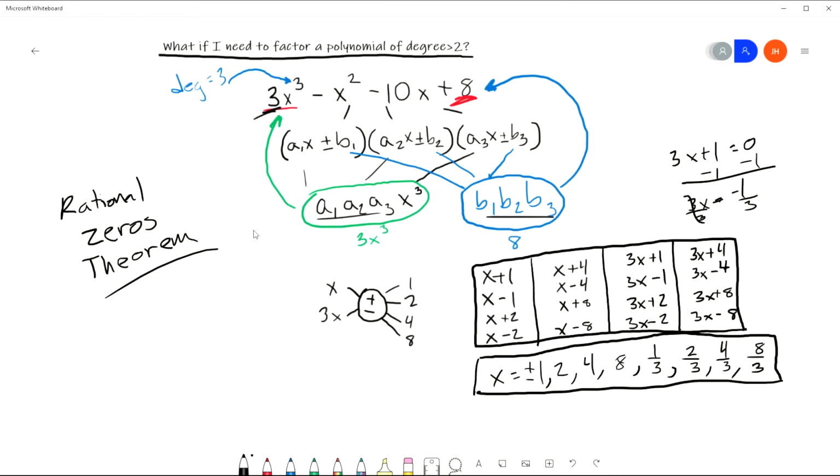What is the rational zeros theorem? The rational zeros theorem says if you have any function f of x equals ax to the power of n plus ... plus b. Sorry, I'm not going to use a and b. We've already used a and b. Let's use new variables. Let's use p and q.